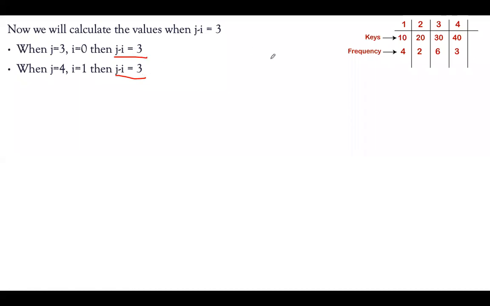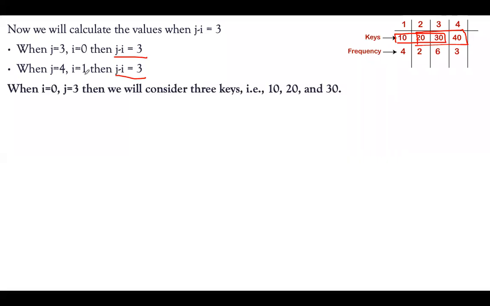For those two conditions, first we'll find out the tree for 10, 20, 30, and then the tree for 20, 30, and 40. First this combination 10, 20, 30, we'll store that value into 0, 3, and then 20, 30, 40, that value will be stored at 1, 4.